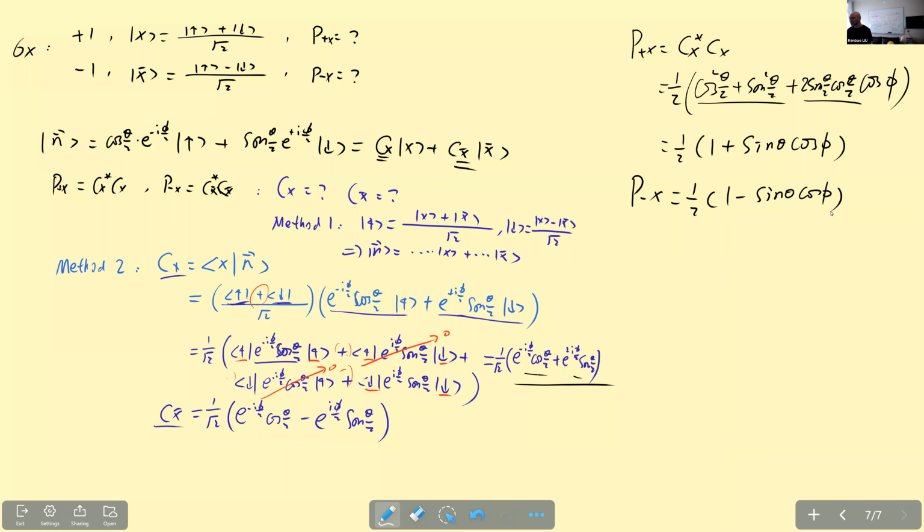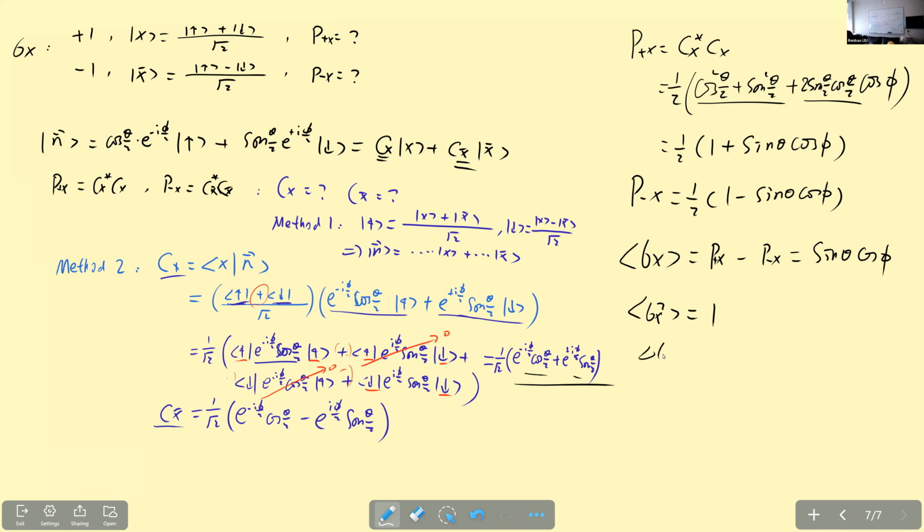Okay. Now we can calculate the average. So that will be px minus p minus x. So the difference of the two, of course, is just sine theta cosine phi. Okay. And sigma x squared averaged is just 1.